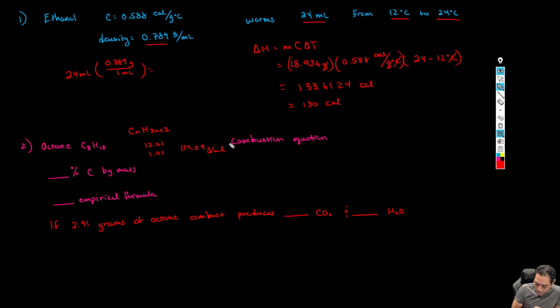I want to know the percent mass of carbon, so 8 times 12.01 is 96 divided by 114.09, and I get 84%, 84.2.